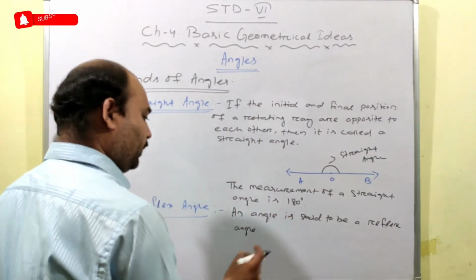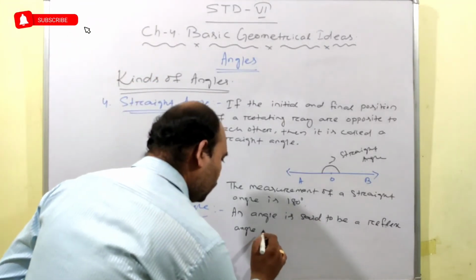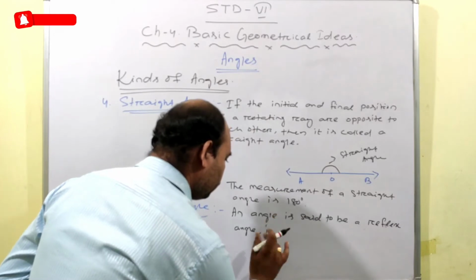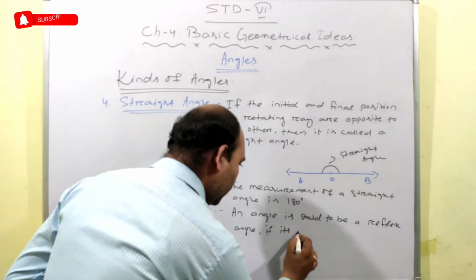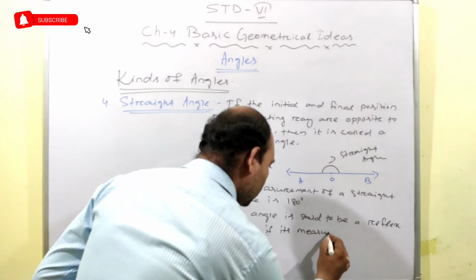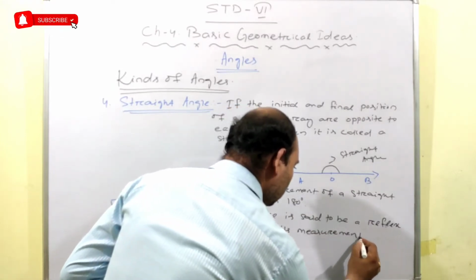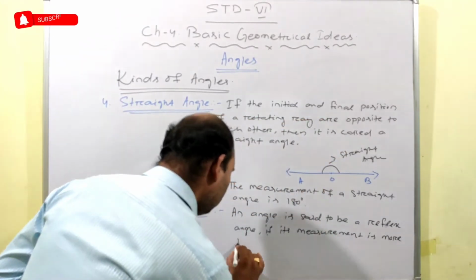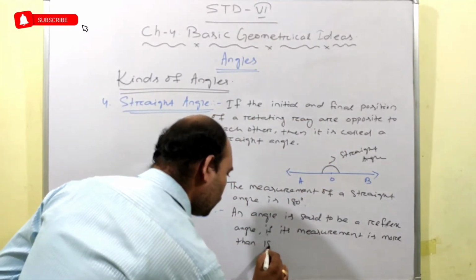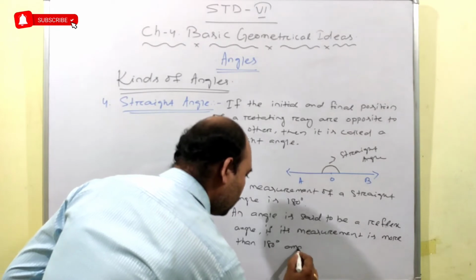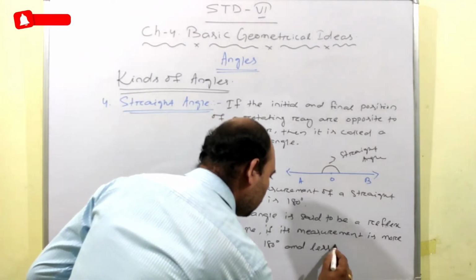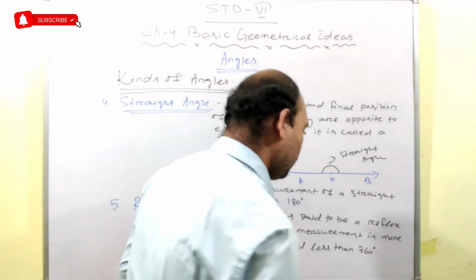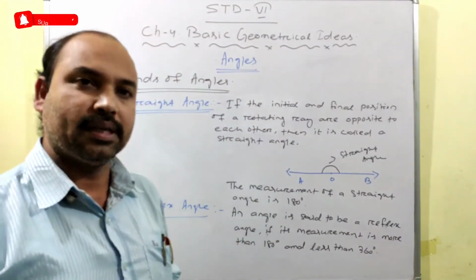An angle is said to be a reflex angle if its measurement is more than 180 degrees and less than 360 degrees. It is known as your reflex angle.